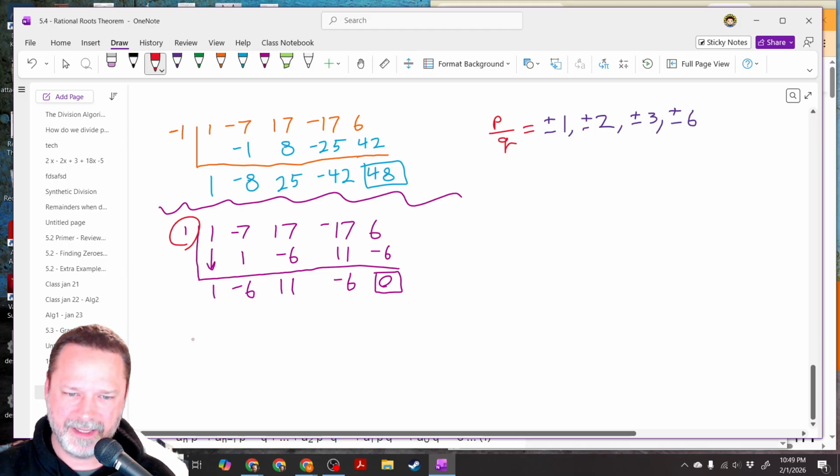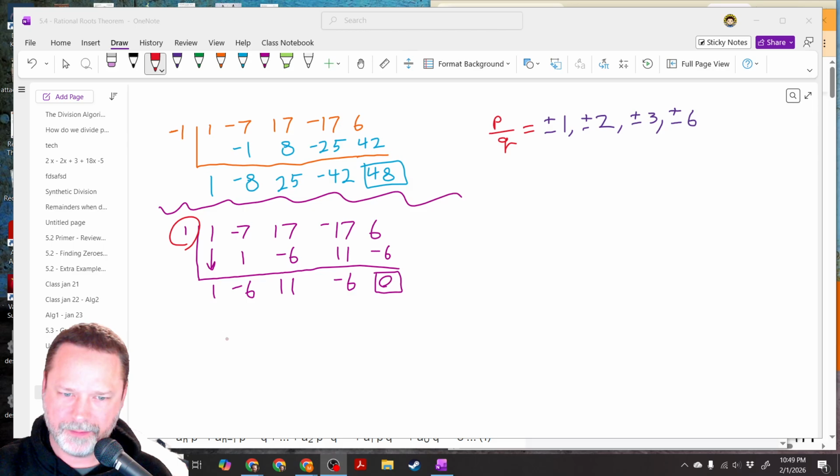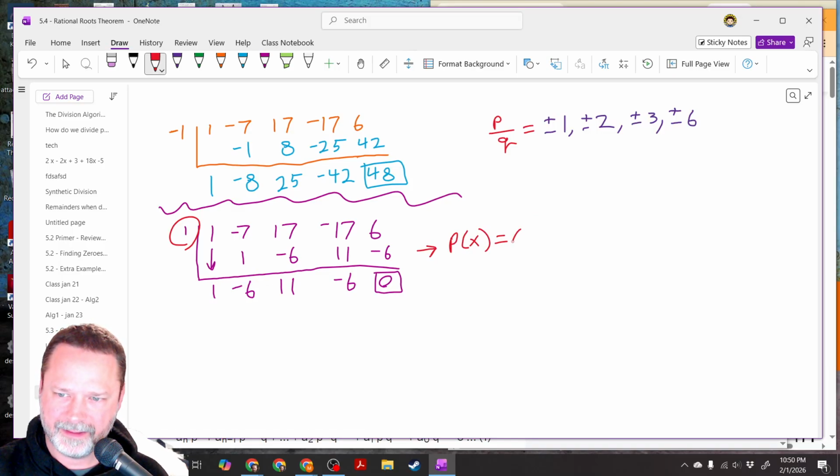So now let's go ahead and rewrite p of x. Okay, so now, because of this guy, we know that p of x can be rewritten as x minus 1 times 1x. Well, wait, what did we have before?